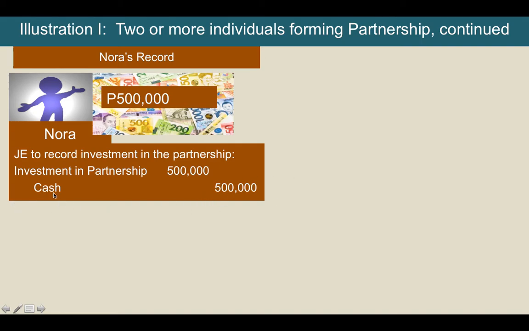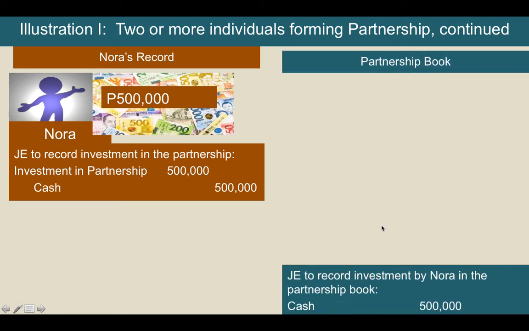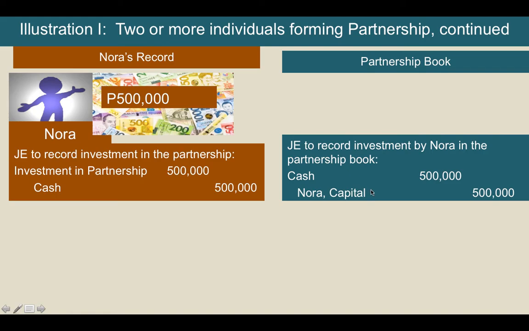So she will credit cash of 500,000. So in the partnership book, the accountant of the partnership will record the cash received from Nora at 500,000, and then give Nora a capital of 500,000. Always note, class, that the investment that should be recorded in Nora's record should tie up with the capital that was recorded in the partnership book. Okay?